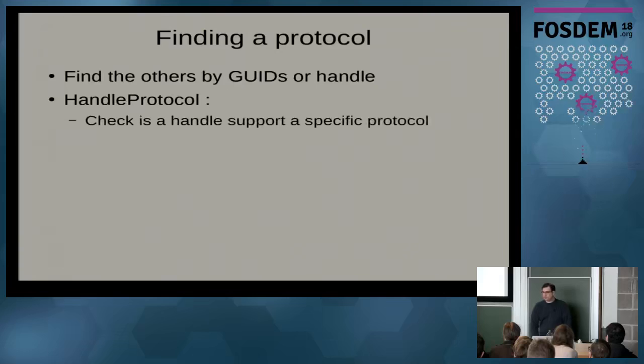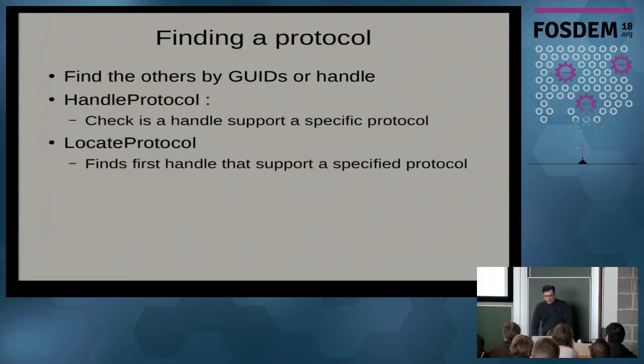And you can check if there is support for the specific one that you are looking for. And there is also another important API, locate protocol. With this API, you can find and locate the first handle, so the first reference to the protocol that implements your specified unique ID.